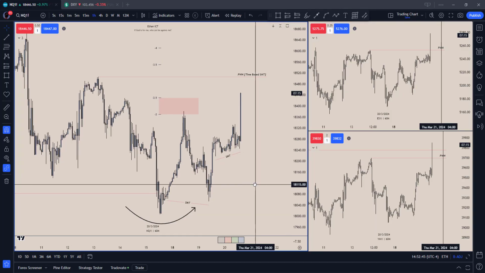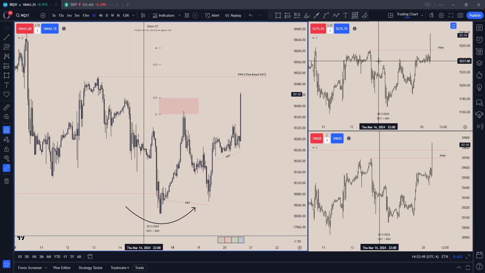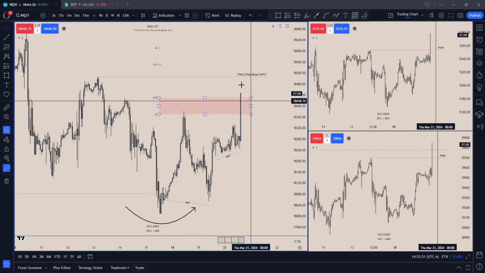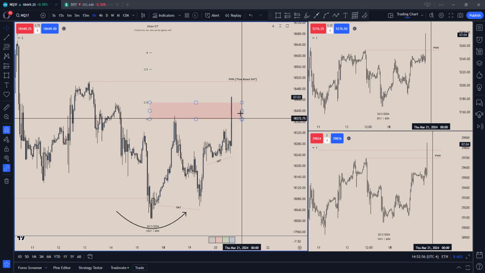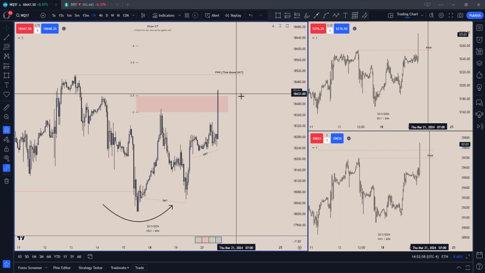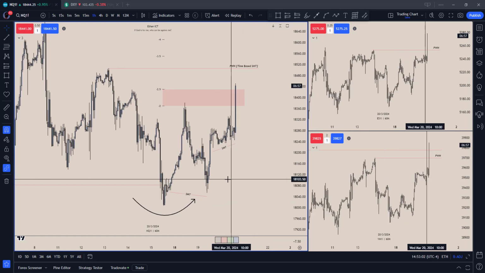But if that's the case, that means the market maker buy model has been completed on YM and ES, whereas it hasn't on NQ, and that's why I was expecting time-based SMT with this, so that we can see some sort of reversal, since we need an SMT divergence to confirm our smart money reversal. So that's kind of what's going in my head right now.